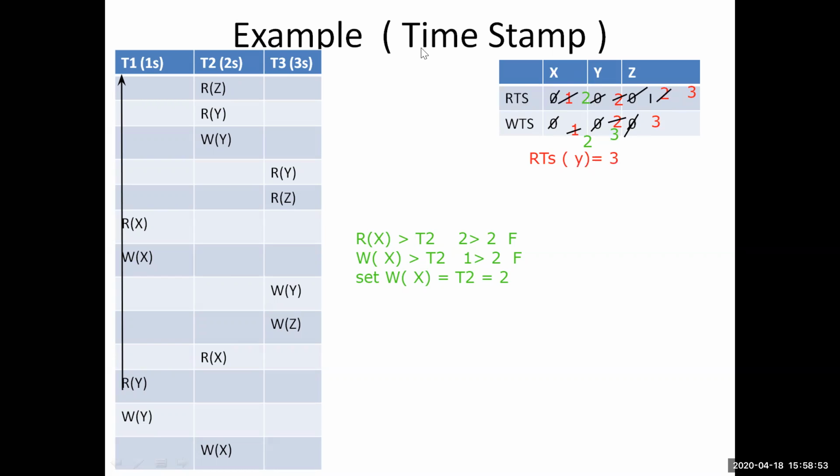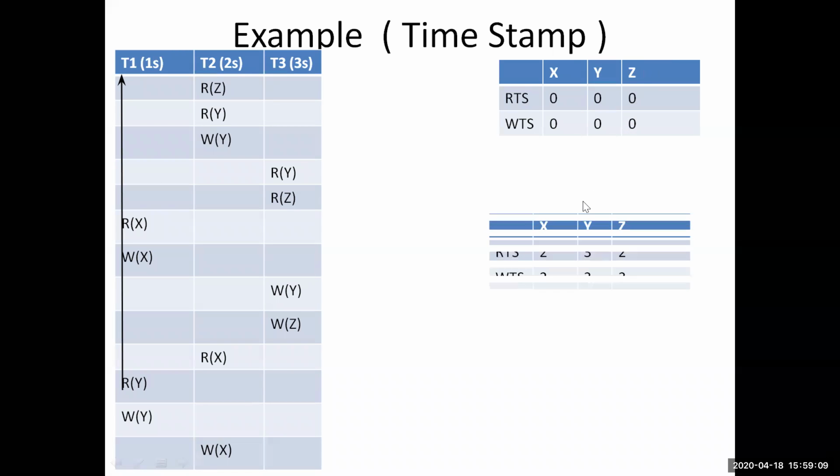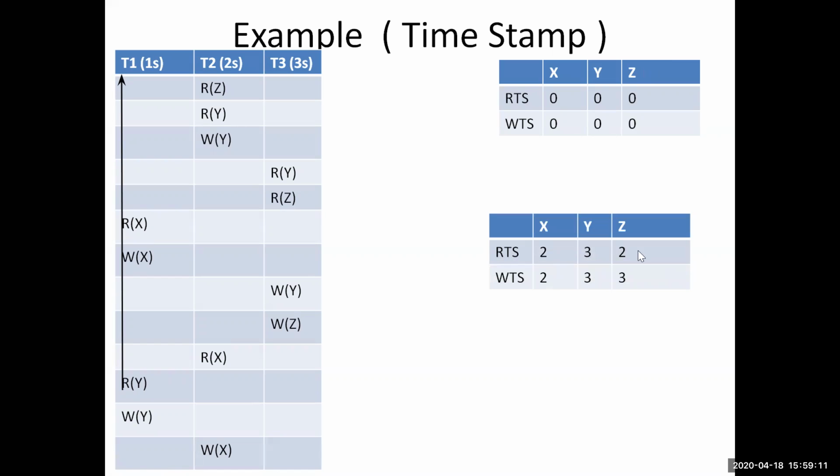So your final answer for this question is that transaction T1 is rolled back, and transactions T2 and T3 are executed properly with the timestamp values of X, Y, Z as 2, 2, 3, 3, and here also you are getting 3. This is not 2, this is 3. This is also 3.